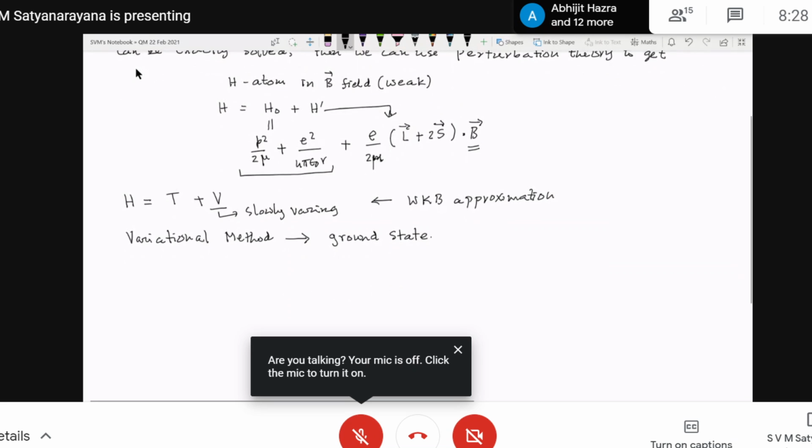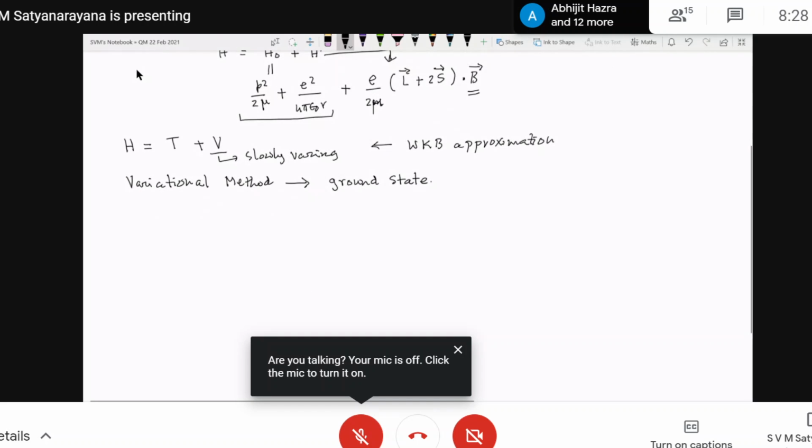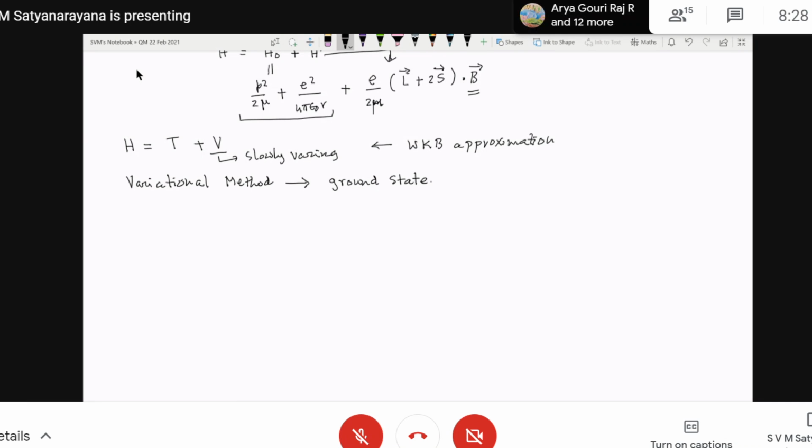Okay, so the variational method is essentially the following. You are interested in finding the ground state energy.